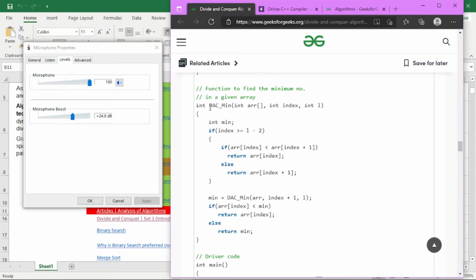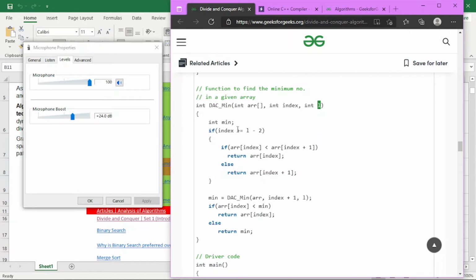Here DSC min is the algorithm which will take the array as the input, the starting index, because we will be starting with the first element to compare them for the minimum, and L, the length of the array.